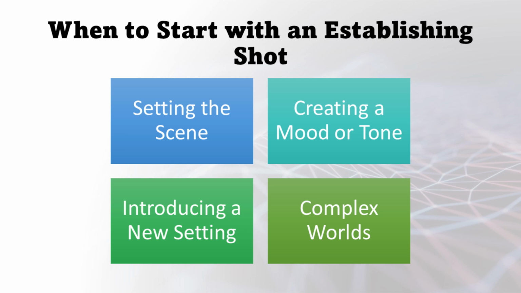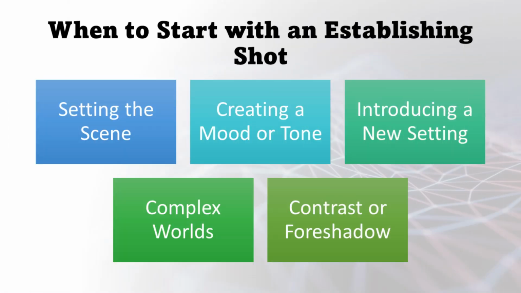In complex worlds. For genres like fantasy or sci-fi, where the world building is intricate, an establishing shot can help lay the groundwork for the reader's imagination. 5. When you want to contrast or foreshadow. If the setting contrasts sharply with the action to come, or if there's a detail in the setting that foreshadows events, an establishing shot can be quite effective.